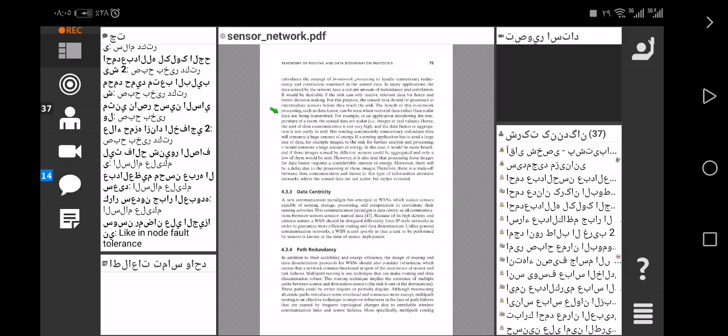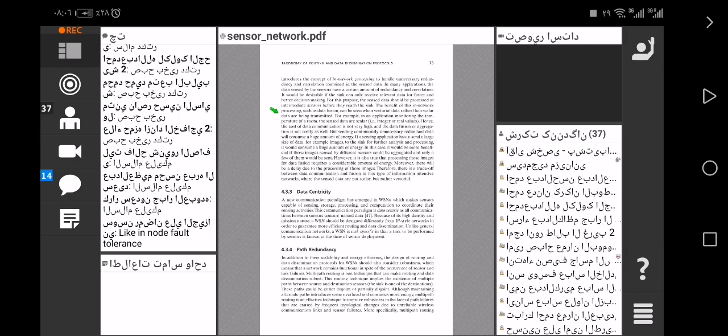Another is the data centricity category. Data centricity means all communication between sensors concerns named data. Okay, this is data centricity.